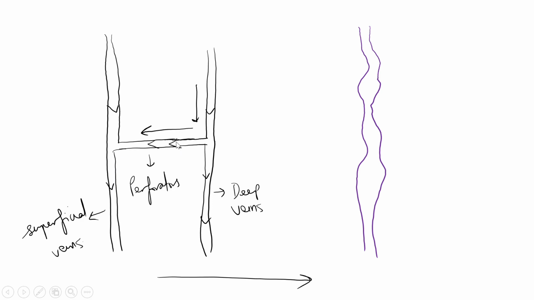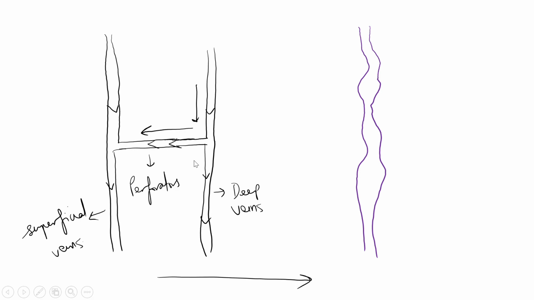Because of the incompetent valves, when the blood is under high pressure, it goes in the opposite direction against these walls, because they're weak. If the tap is not closed properly, the water leaks. Same thing here: the valve doesn't close properly, and if the pressure is more, the blood under great pressure comes in the opposite direction and can damage or weaken the wall of the veins.